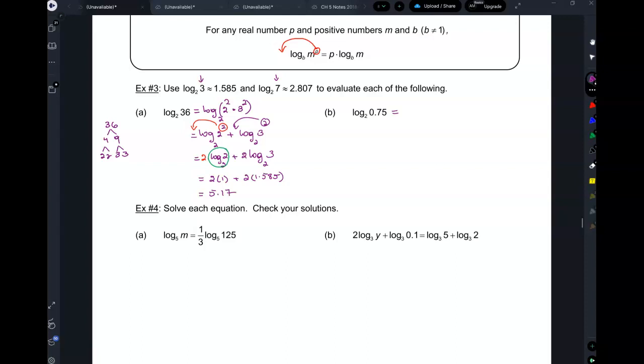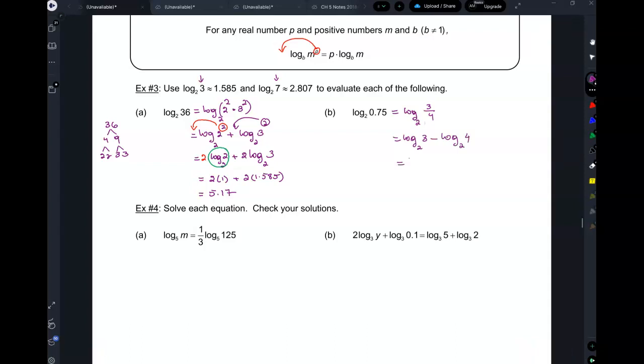So look at that one. So we have a 3, we have a 7. Whenever you have a decimal like this, I would write it as a fraction. So here we're going to get log base 2 of 3 over 4, right? That's 0.75. So this is going to be log base 2 of 3 minus log base 2 of 4.